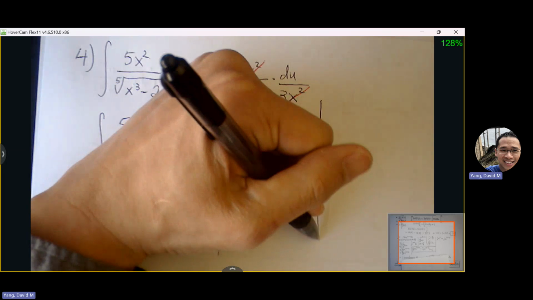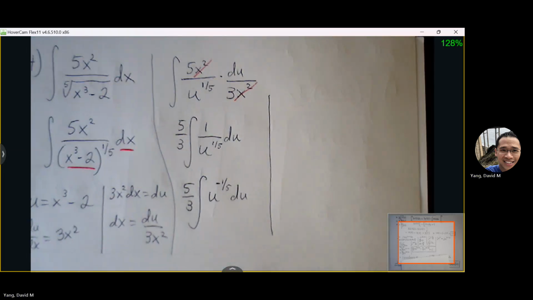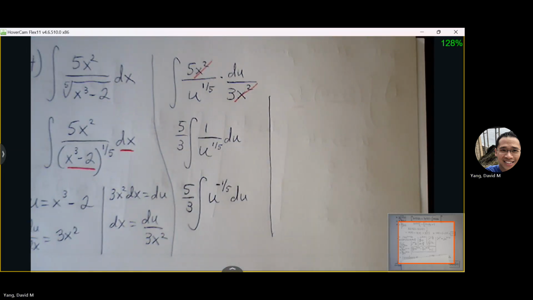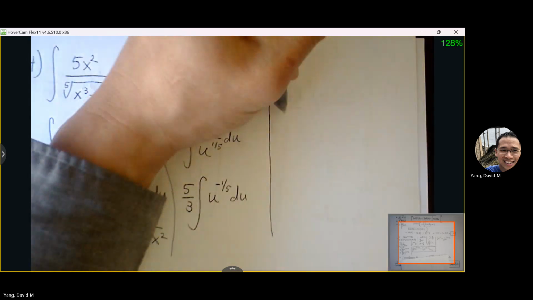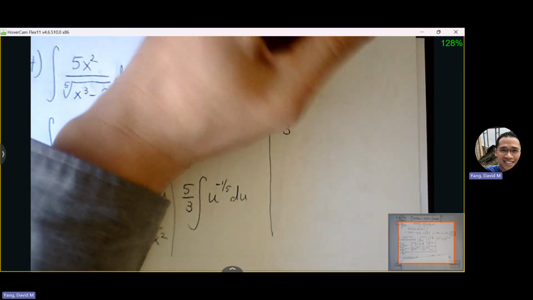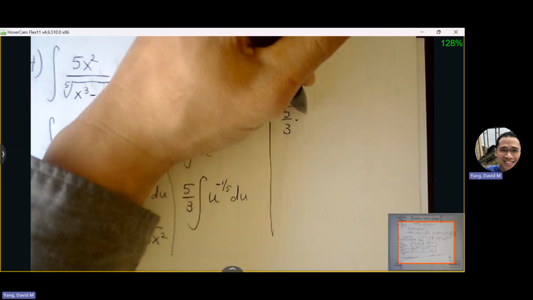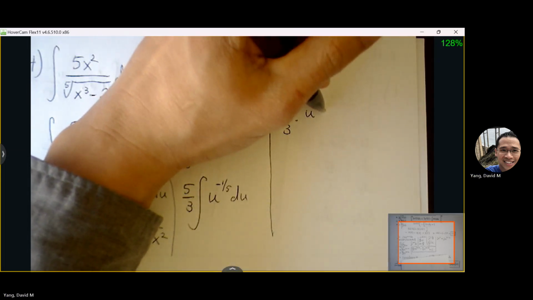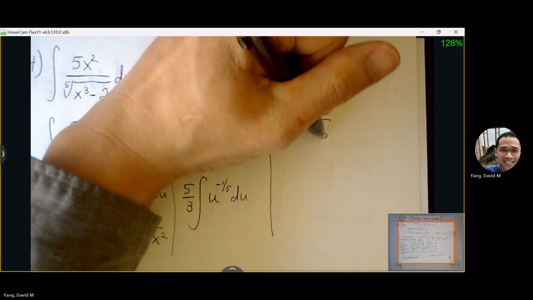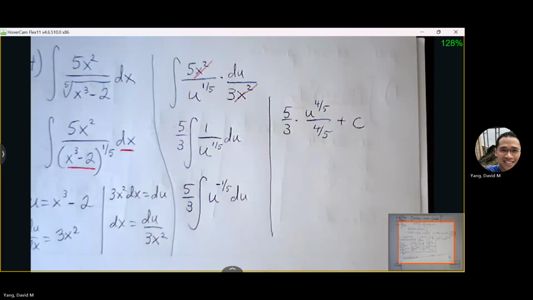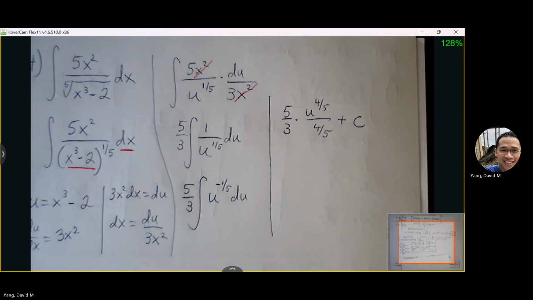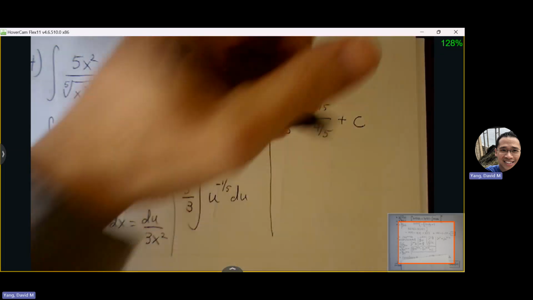Now we can do power rule. 5/3 stays. Add 1 to the exponent. -1/5 plus 5/5 is 4/5. Dividing by 4/5 is the same thing as multiplying by 5/4.